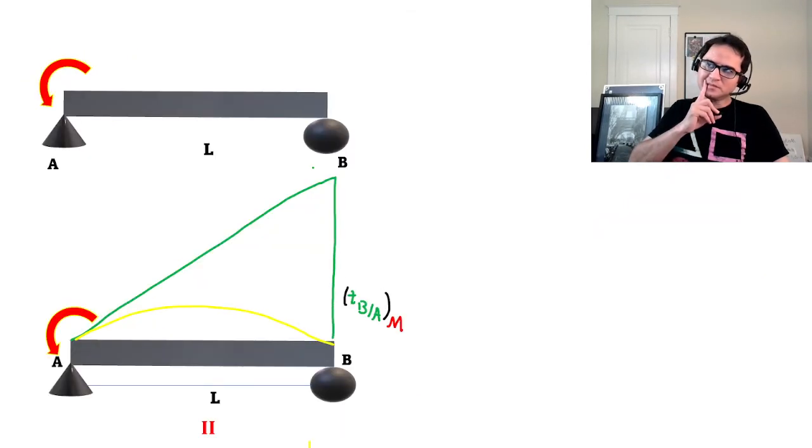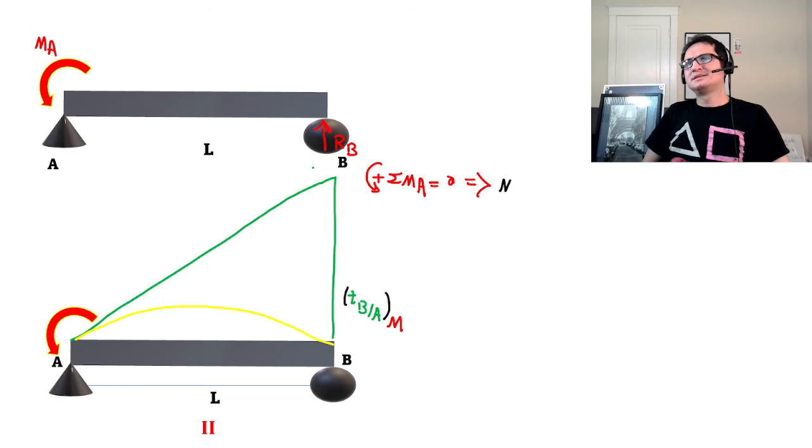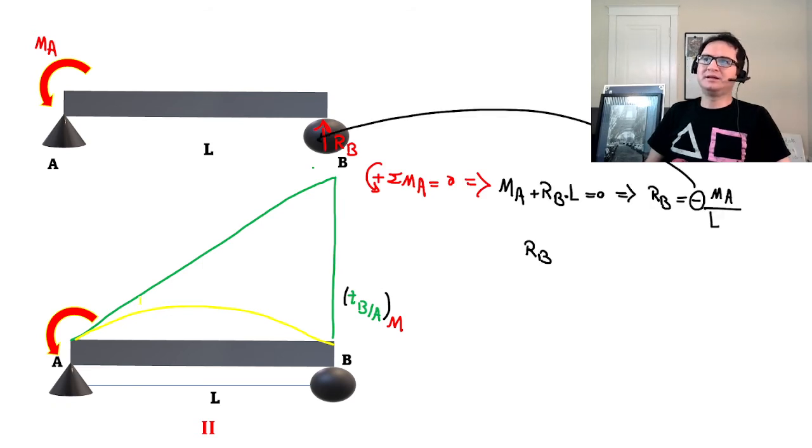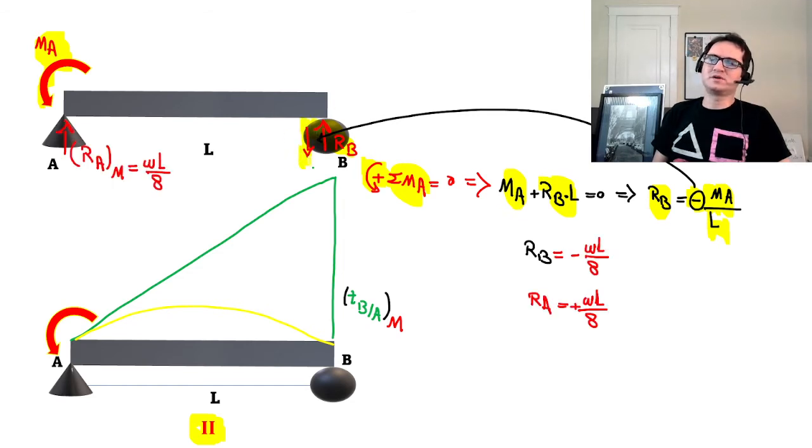And if you simply replace that in the second configuration and take the summation of moment about point A equal to 0, it gives us MA plus RB times L equals 0, and that gives you RB as negative MA over L. By negative, it says the direction of RB was downward.